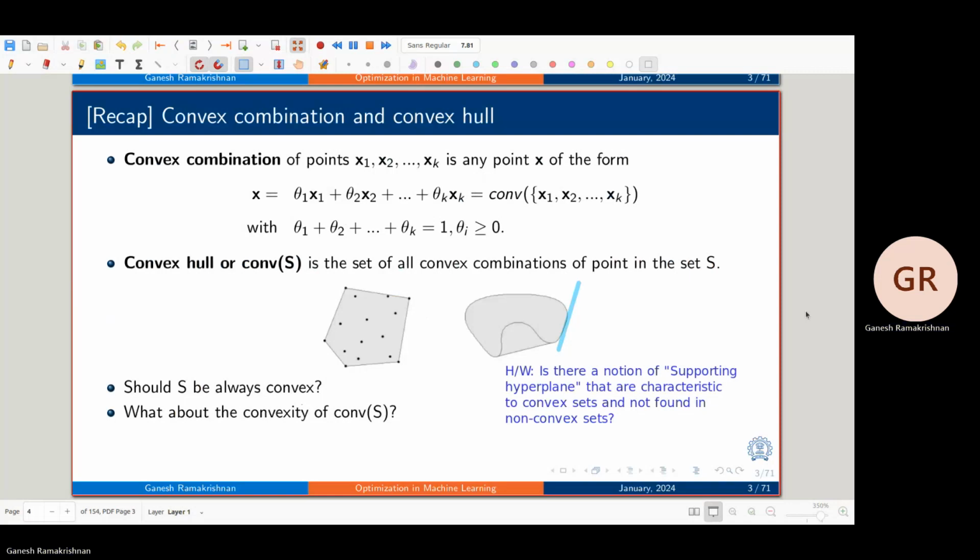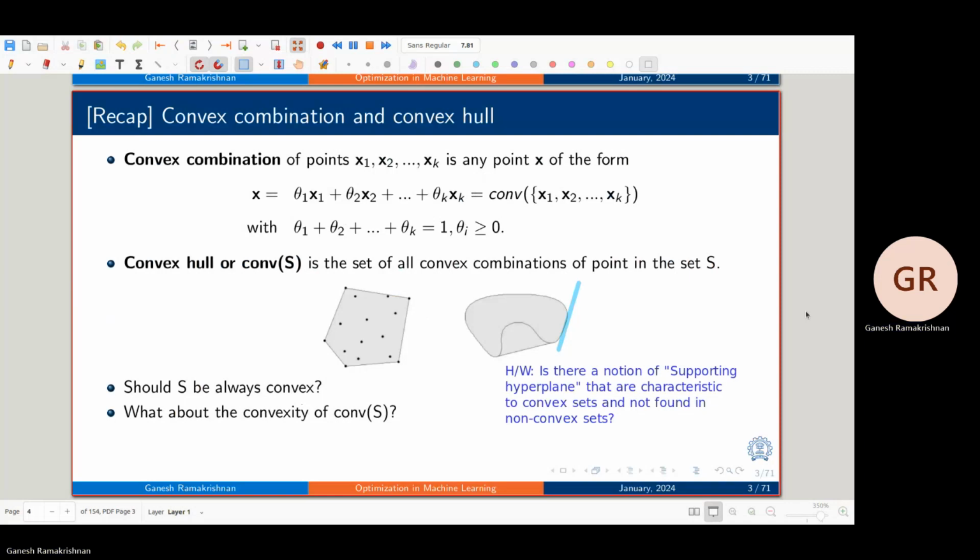But the moment I create a convex hull, this is my new set. This also belongs to the set, and I can talk about supporting hyperplanes. So it's easy to visualize the close correspondence of supporting hyperplanes with convexity of sets when we discuss convex hulls.